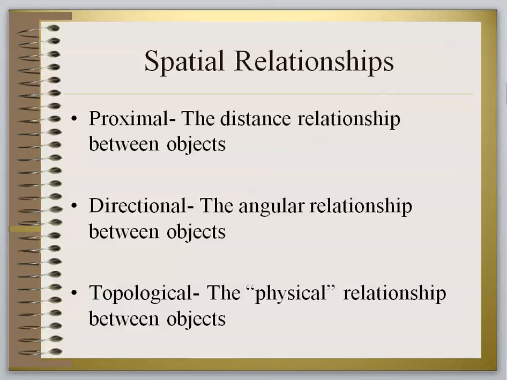No, that's seamless. In a GIS, if there's a parcel layer, that would be a physical relationship, a topological relationship. That would mean that your parcel of land is adjacent to that other parcel of land.